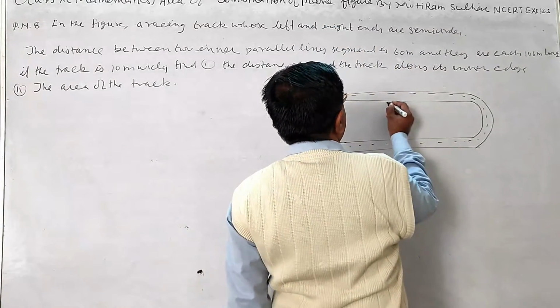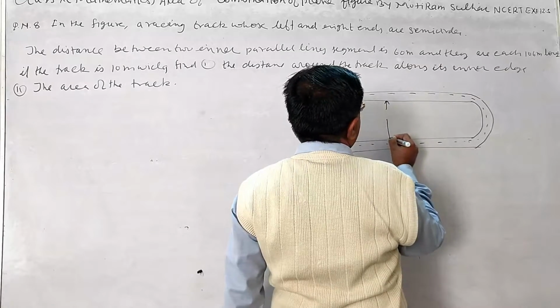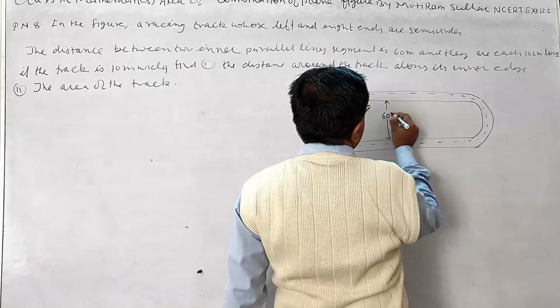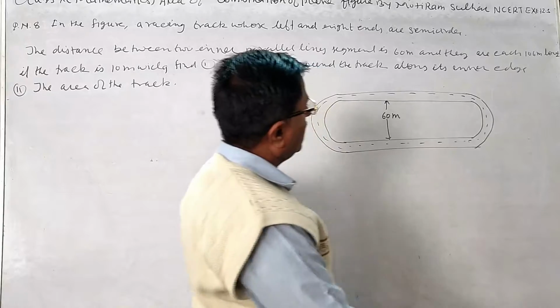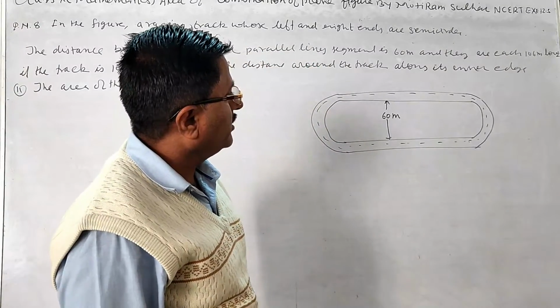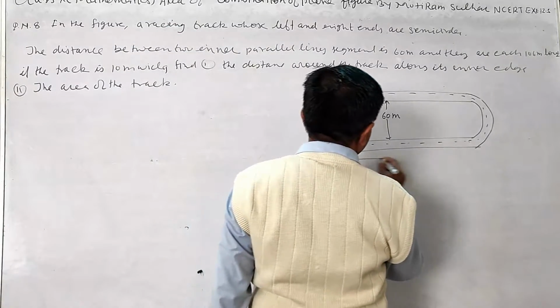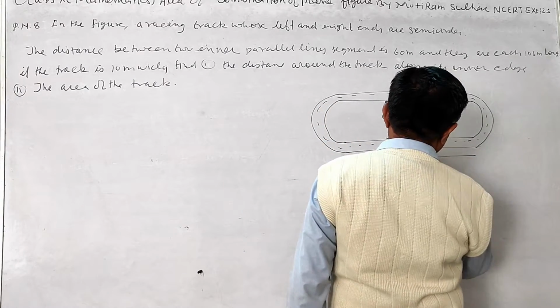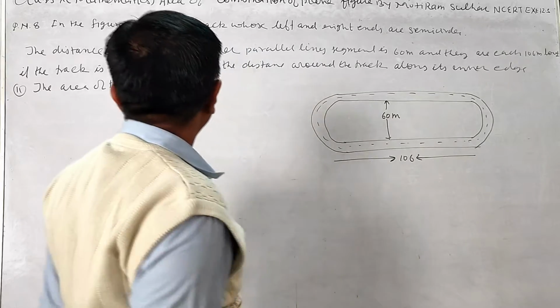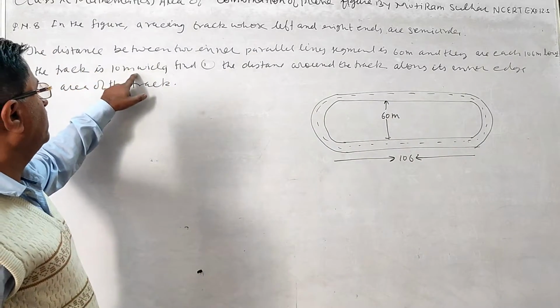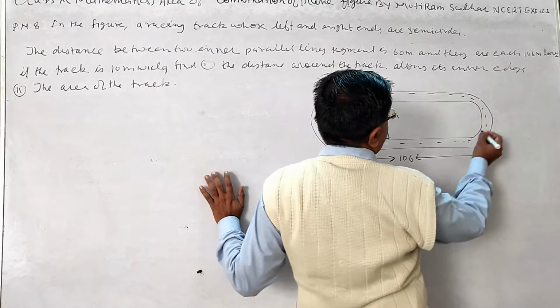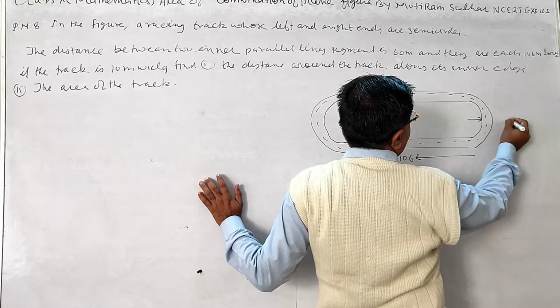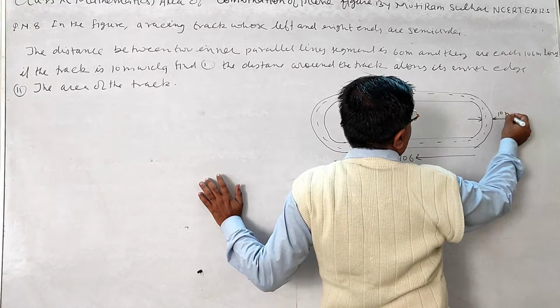Distance between these two parallel lines is given as 60 meter, and they are each 106 meter long. So this distance is given as 106 meter long if the track is 10 meter wide. So this is also given. The width is 10 meter.